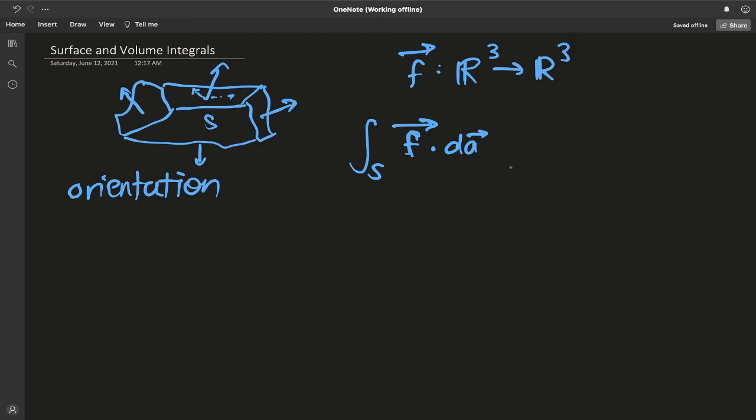So this dA vector is just dA, which is the area differential, dotted with this unit normal vector, which I'm showing with these arrows on this surface.